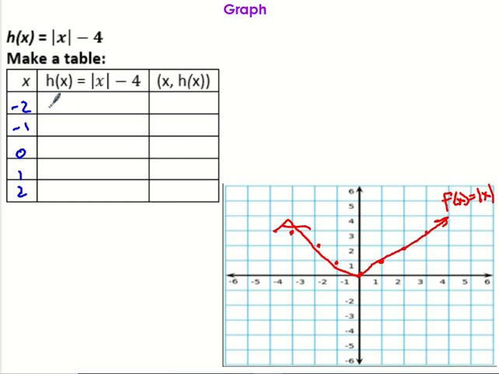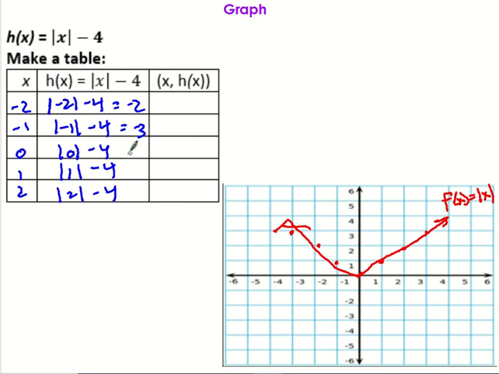So when I plug in -2, I have the absolute value of -2 minus 4, absolute value of -1 minus 4, 0 minus 4. Okay, so I'm filling out my table so we can see what our new points are, so we can get values that we're going to graph. Well, 2 minus 4, that's -2. 1 minus 4, that is -3.